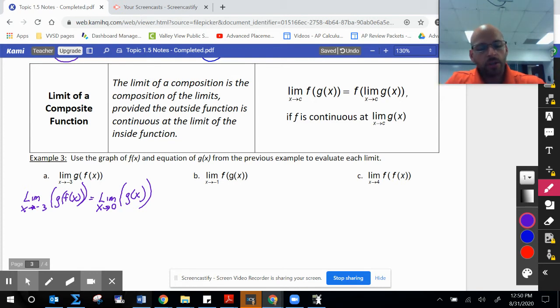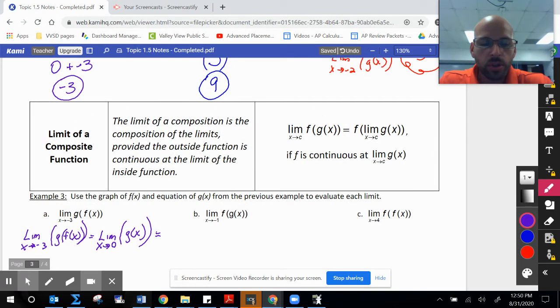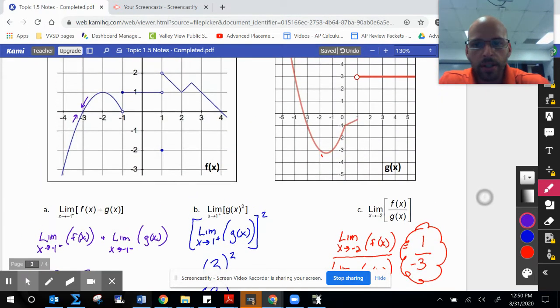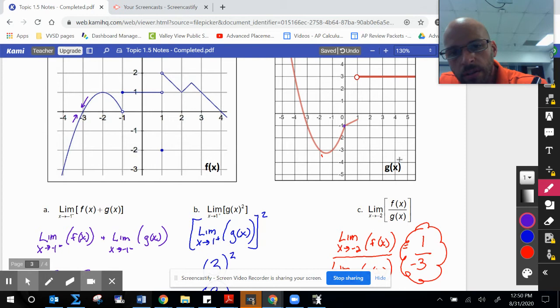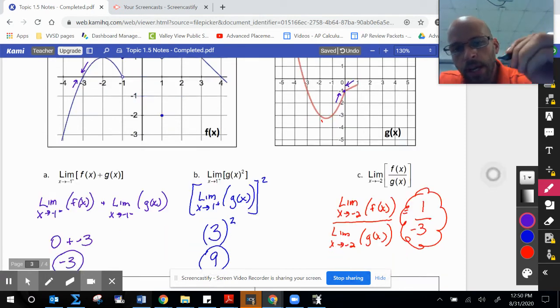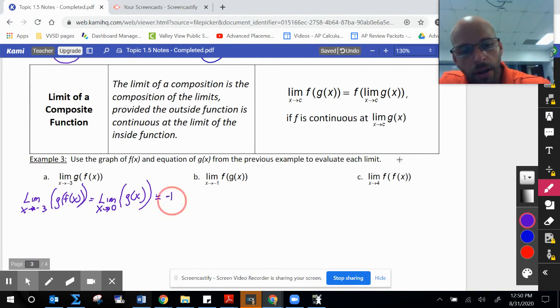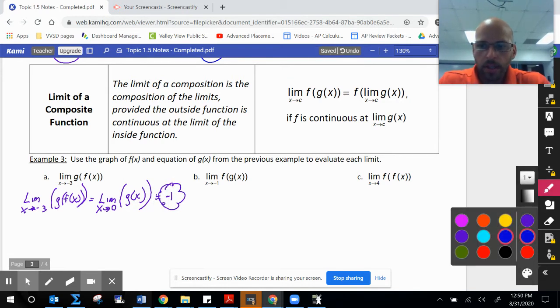If I evaluate this two-sided limit, the limit as x approaches 0, g of x at 0, from the left and from the right, that is going to give me an output of -1. Okay? So let's do that two more times.